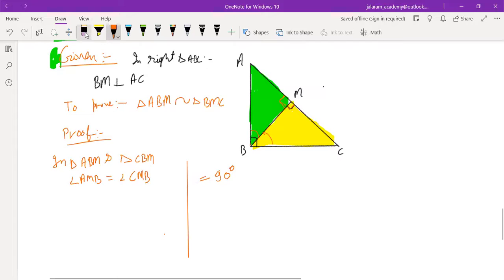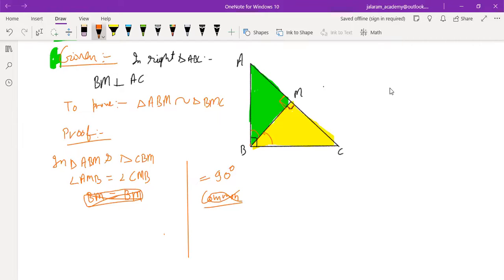Mostly what students do after this in this question, they write BM equals MB. Though it is not to be done, still I am writing this. They say its reason as they are common. But remember, in similarity, we do not write the common side.